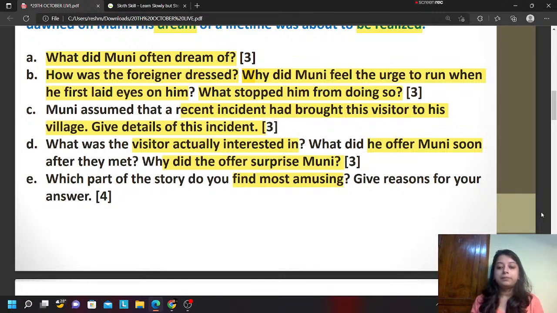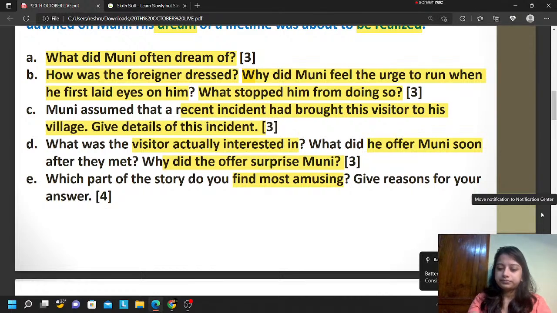But that was not what was amusing. What was amusing is he just blew it off. He did not understand what to do with the lighter. He has never used a lighter. So you can even say that was most amusing because we find a very rich man from a different society meeting a very poor man from a completely different scenario. So that can be your answer.